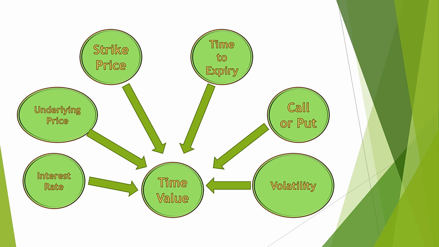Even when they change, how much are chances that interest rate will change while you are in options trade? Once in a long time. Maybe once in a year or once in 2-3 years. So we may consider interest rate as fixed factor which doesn't change very frequently. That means we can safely consider interest rate as a fixed factor.